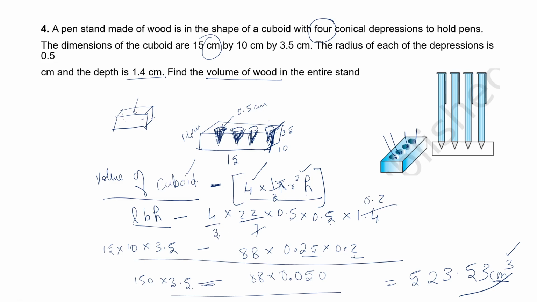I had used a cylinder formula here, but it should be 1 by 3 pi r square h, since this depression is a cone. Okay, so volume of cuboid minus 1 cone volume, 2 cone volume, 3 cone volume, 4 cone volume. So 4 times 1 by 3 pi r square h. Then substitute all the values and multiply. You can arrive at this answer. Okay.